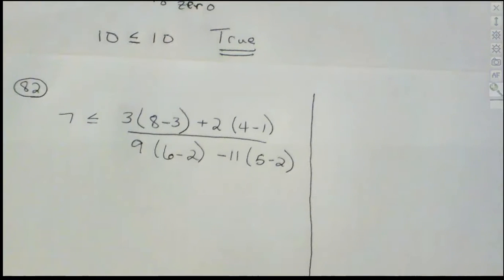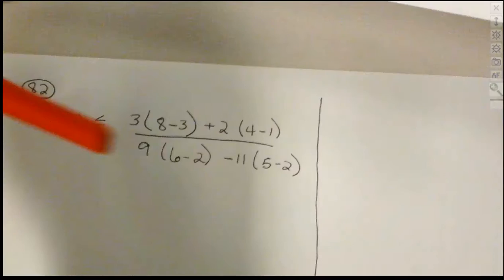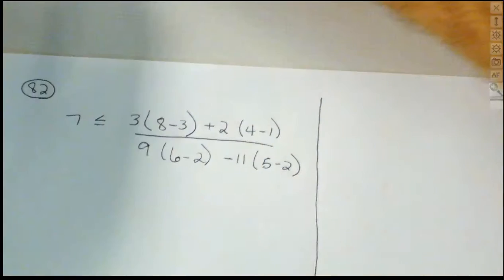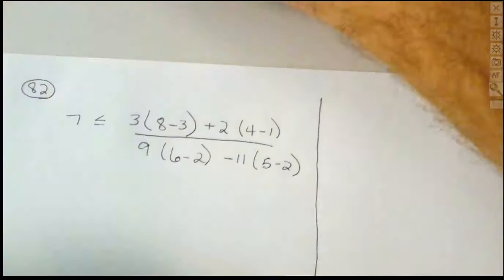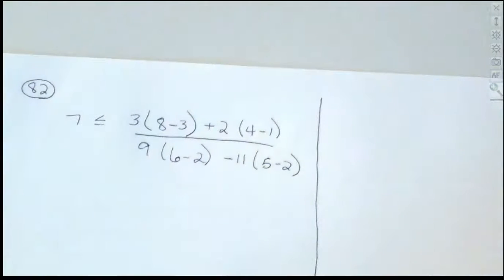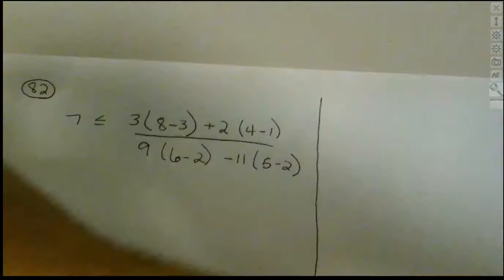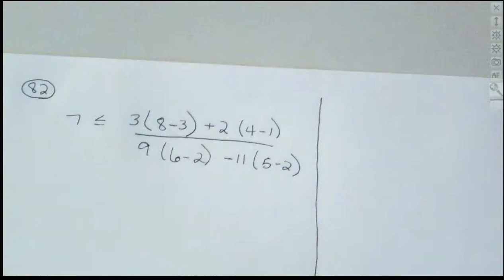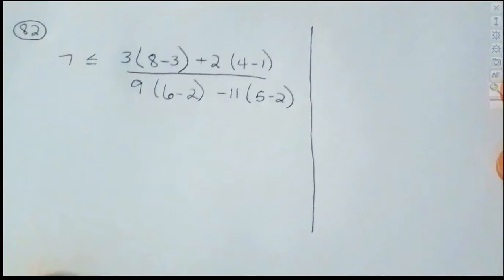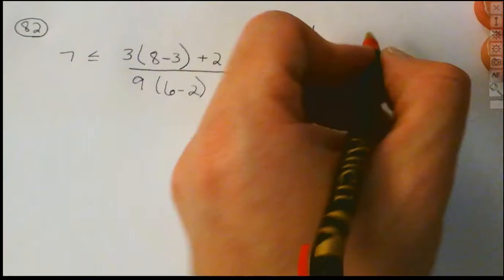But I wanted to do it with whole numbers first, then do the fractions. We're going to take this difficult problem and break it down into smaller, easier to work with components. And we're going to work with the numerator or the top half first.